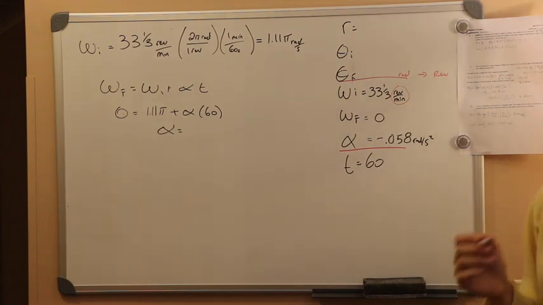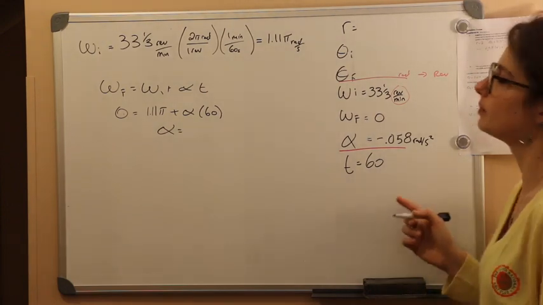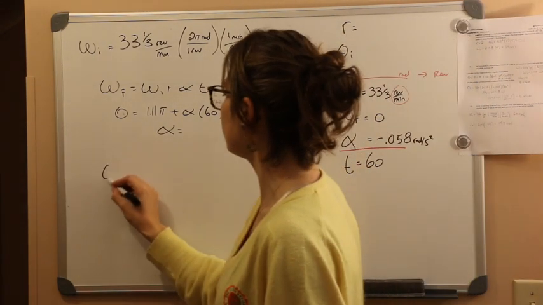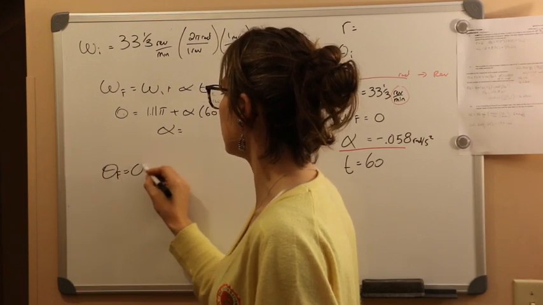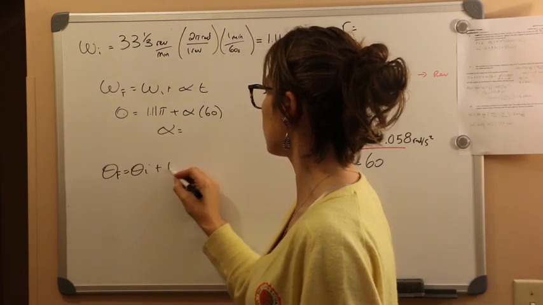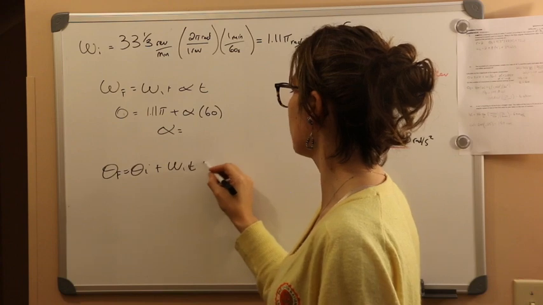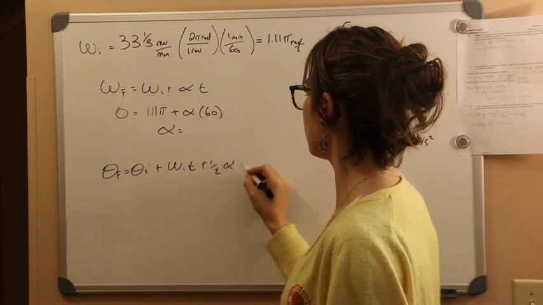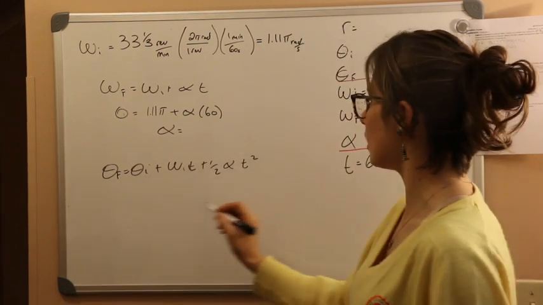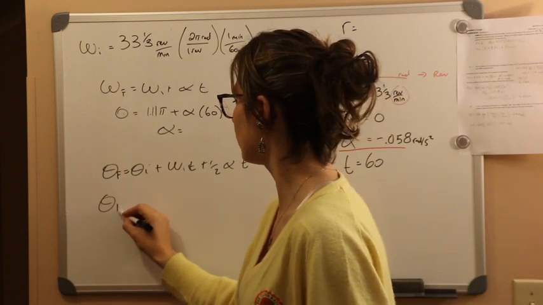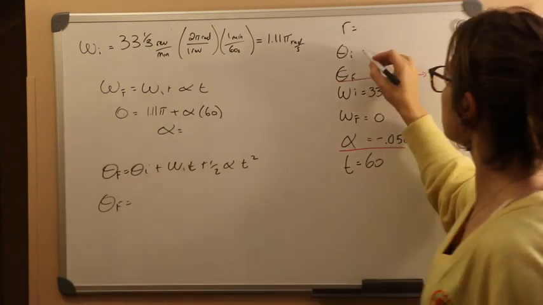So now we can go in and we can find theta using the alpha that we just got. So we're going to say that theta final equals theta initial plus omega initial times time plus 1/2 the alpha we found and time squared. So let's go ahead and plug that in. Theta final. We can usually call theta initial to be 0.